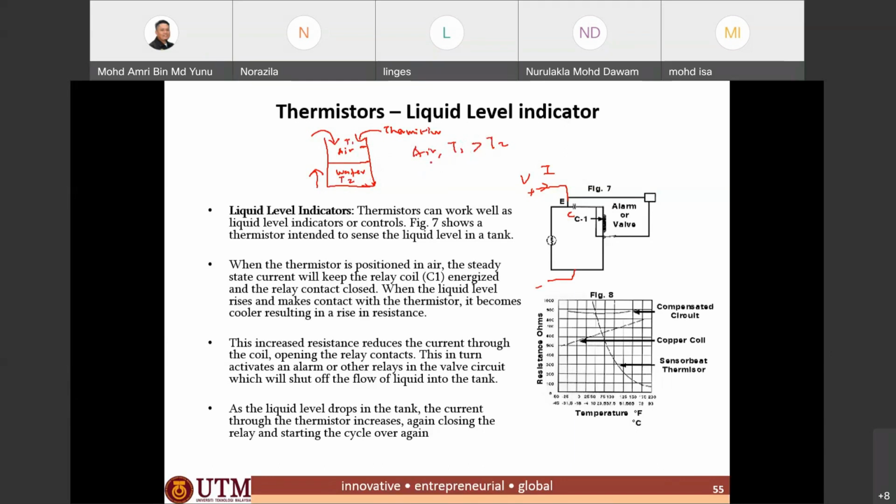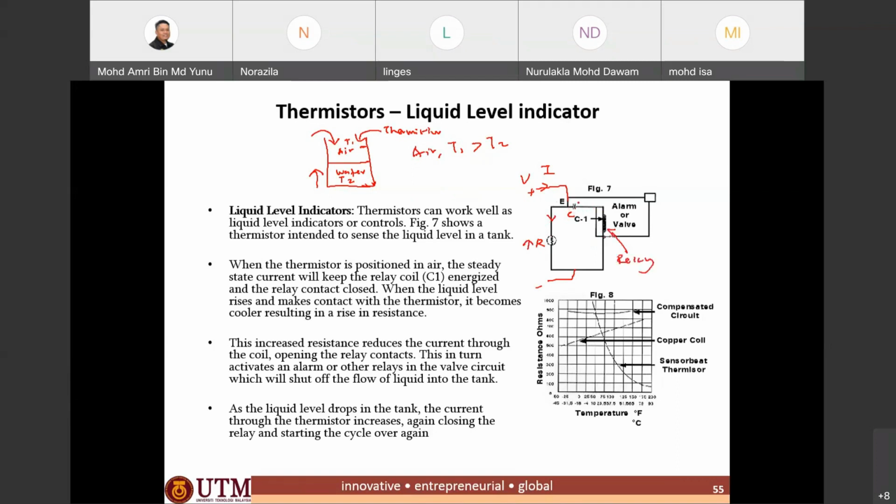So in this condition, air temperature is high, so the resistance of the thermistor is high. When resistance is high, less current will go to this path, and more current will go to the solenoid. This is a solenoid or relay.